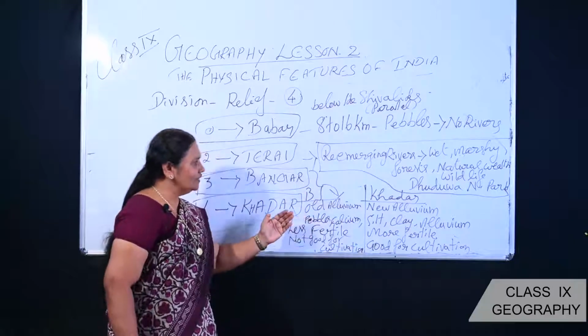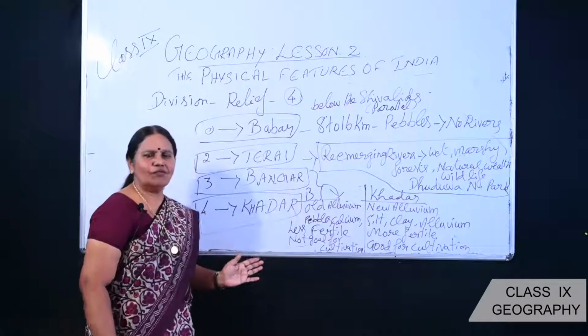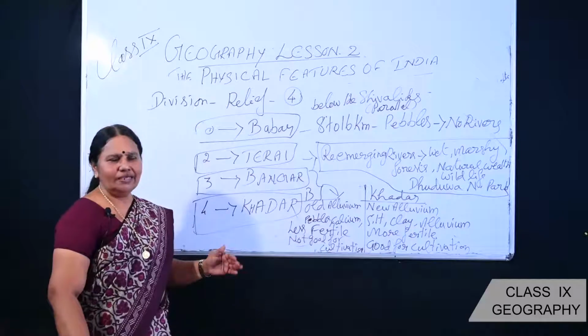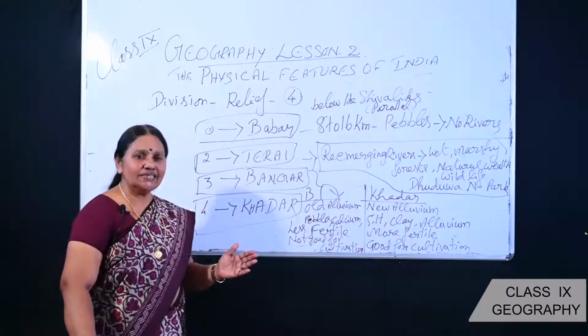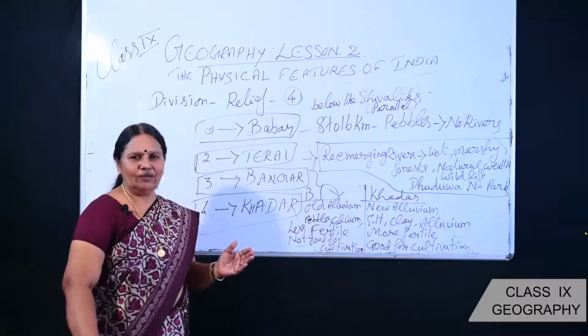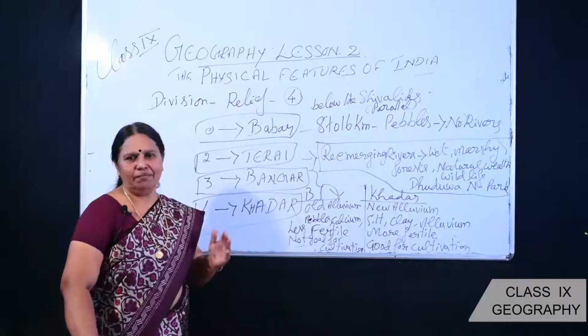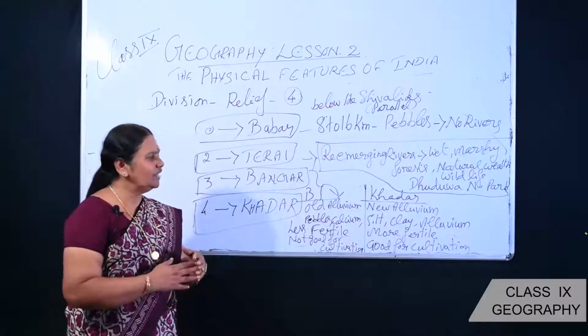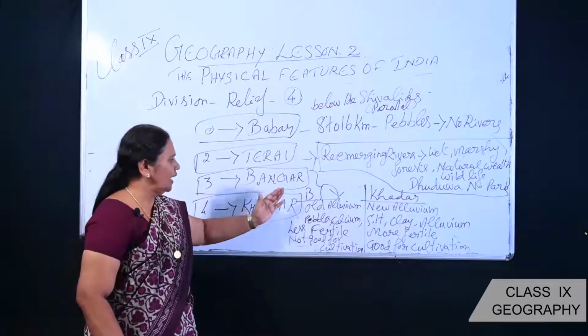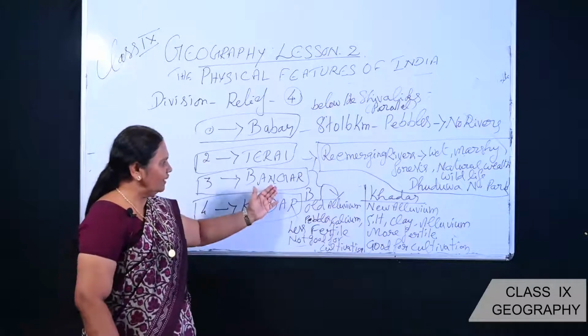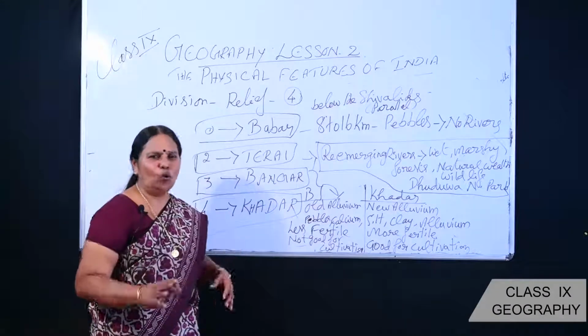After that, we have two categories of alluvial soil. In 10th standard also you get a question: on the basis of age, how can you classify and differentiate the alluvial soil? On the basis of age, we can divide the alluvial soil into two categories, Bangar and Khadar. See, Bangar means old.